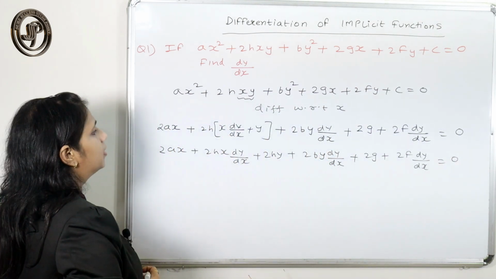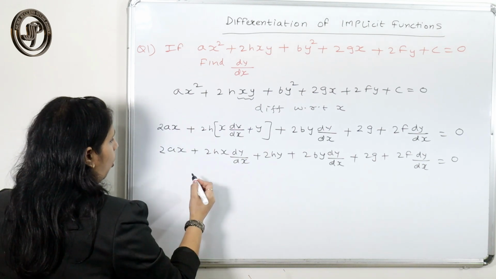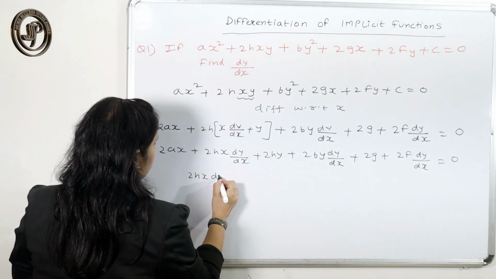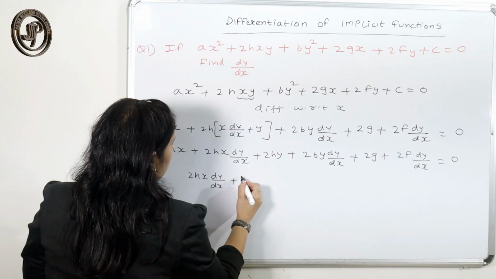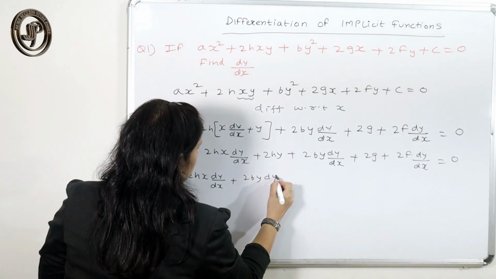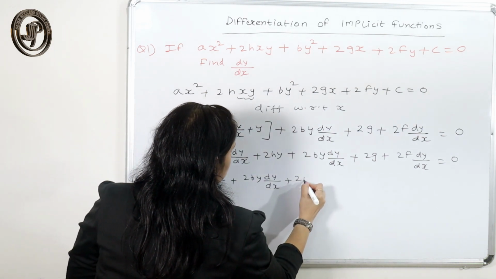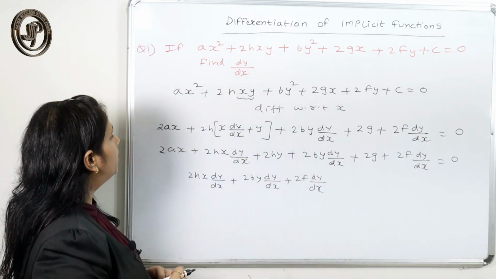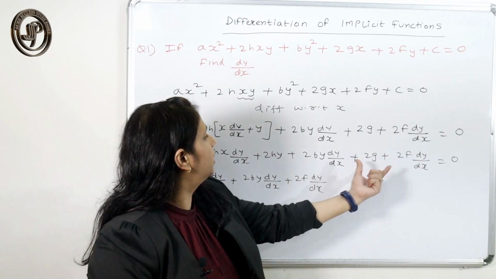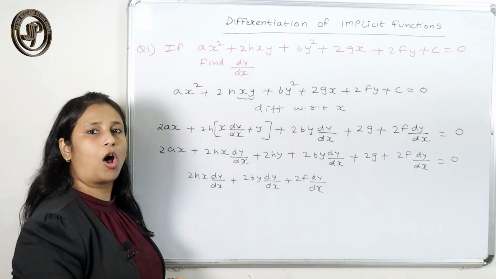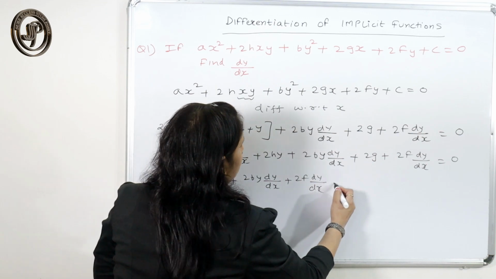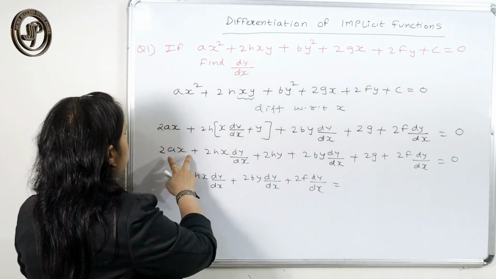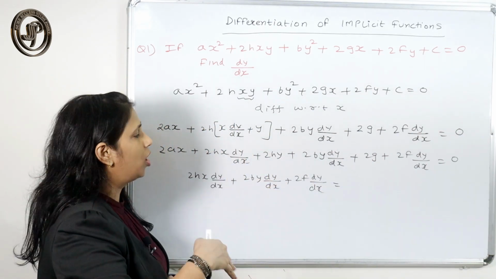Now separate dy by dx on one side and the rest of the things on the other side. The terms with dy by dx are these, which I have written on one side, and the rest of the terms I am transposing to the other side.